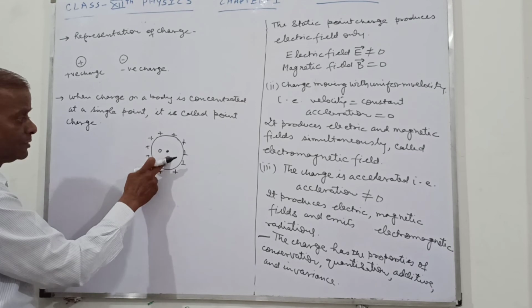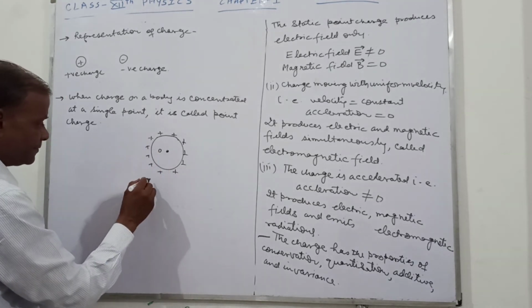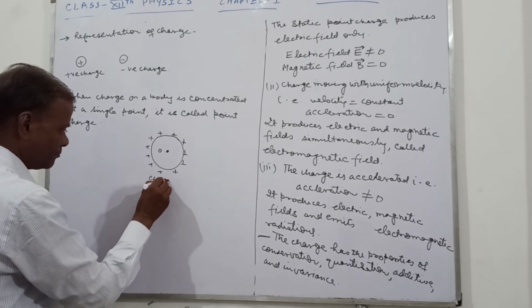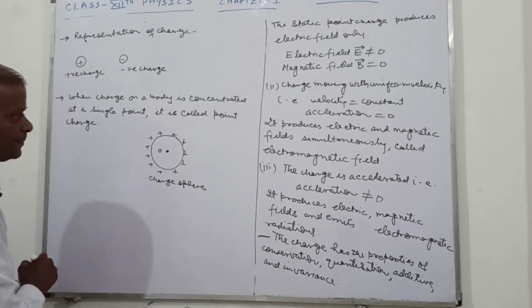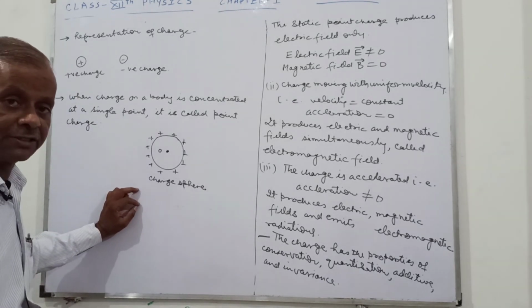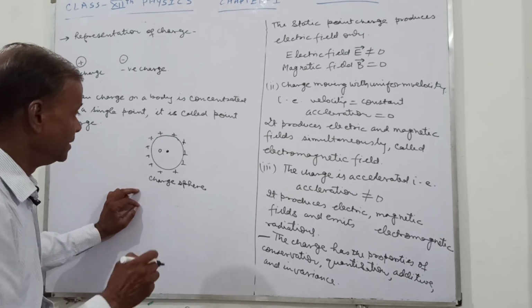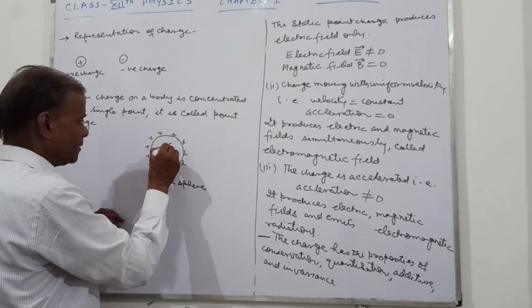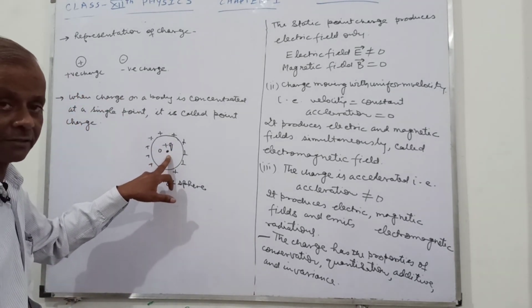So whatever calculations are made, they are made from the center. If a sphere is charged, the charge is always supposed to be concentrated at a single point, and that single point is called the charge plus Q at the center.